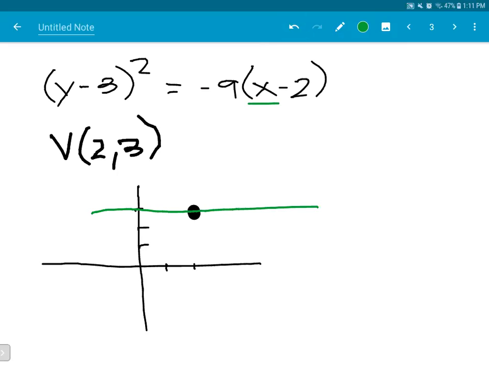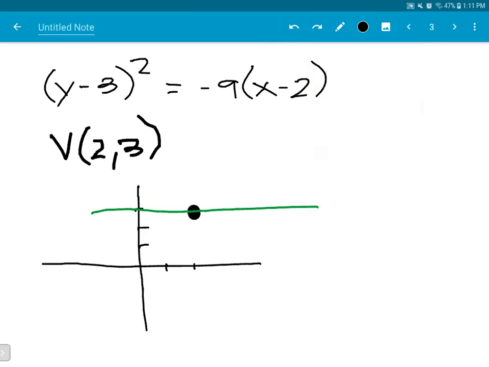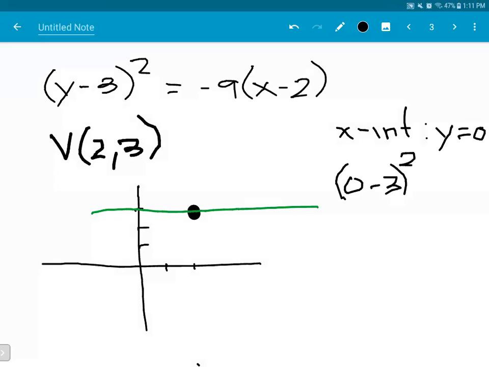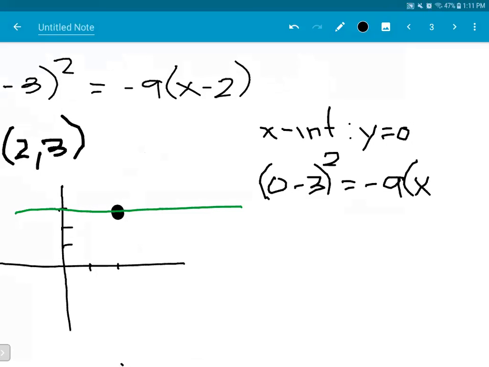So once you have the axis of symmetry, you find the x-intercept. Again, it's x that is linear, so you know it opens in the x direction, the horizontal direction. Then you find the x-intercept. This time you set y to 0. So substituting, you have this equation, and then you just solve for x.